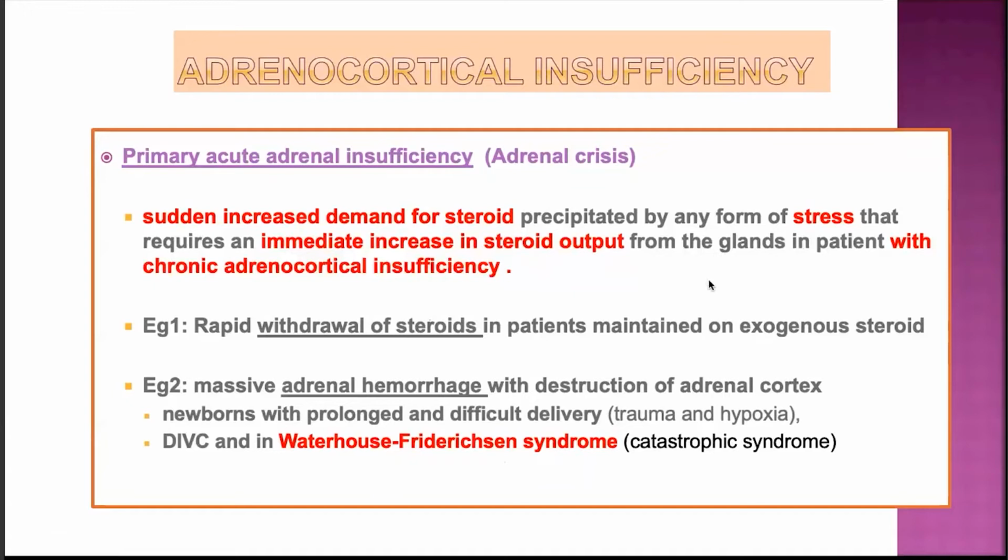That can cause adrenal crisis, very dangerous. Please advise the patient to taper down the dose. And in case of adrenal hemorrhage, and also Waterhouse-Friderichsen syndrome, which is hemorrhage to the adrenal as well, this can cause an adrenal crisis.